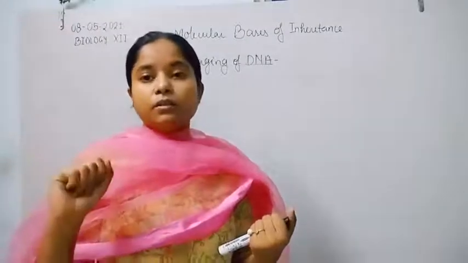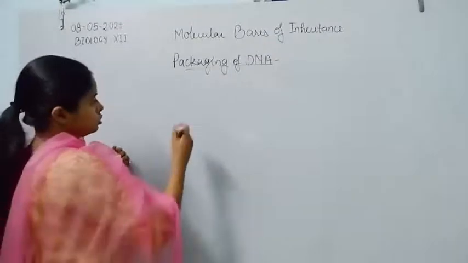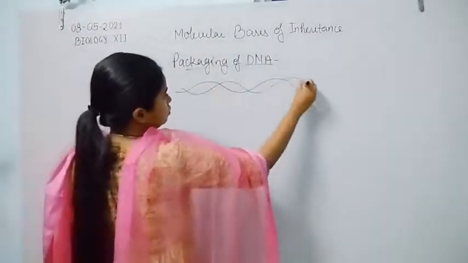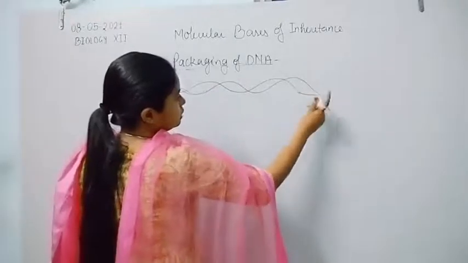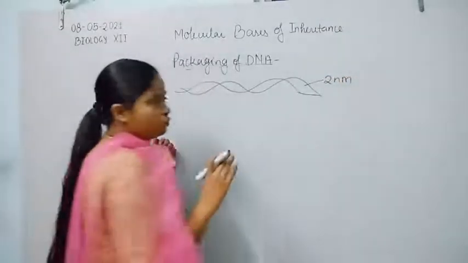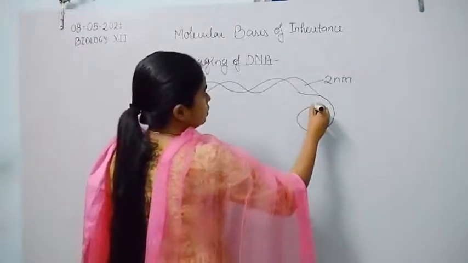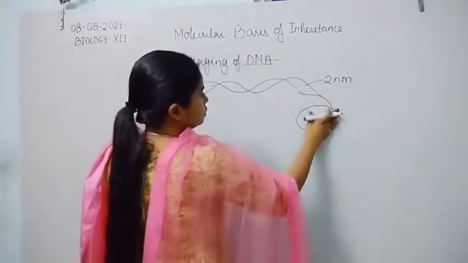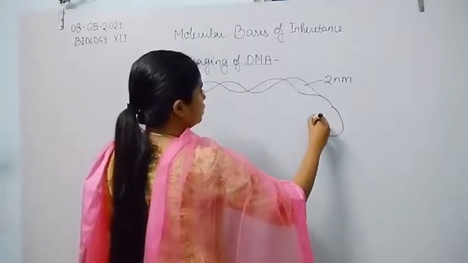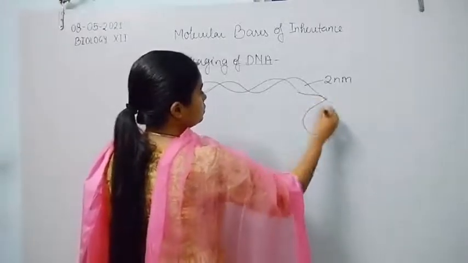It becomes condensed or undergoes condensation to form the nucleosome. To form the nucleosome, the width of the double helical structure is about 12 nanometer, and they wrap around the histone protein to form the nucleosome.